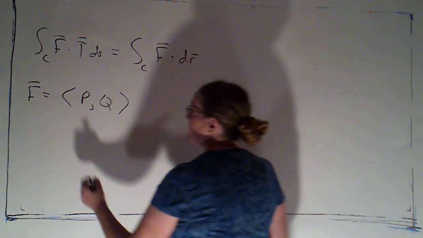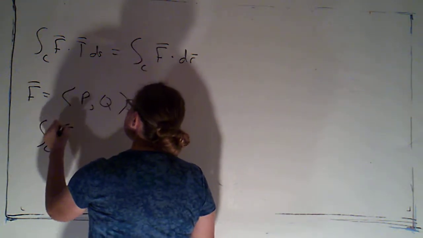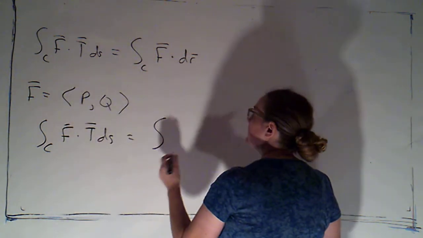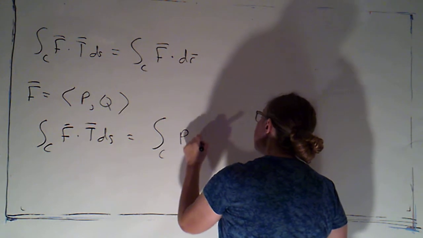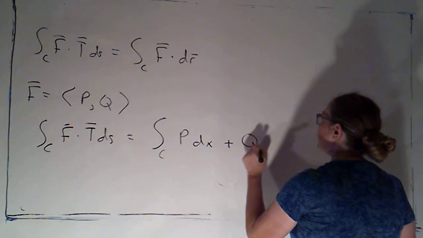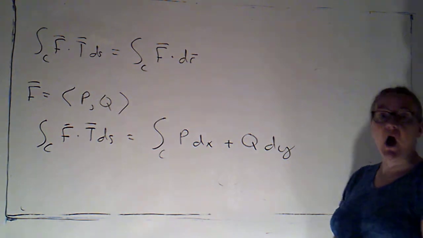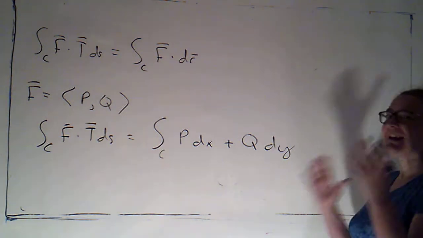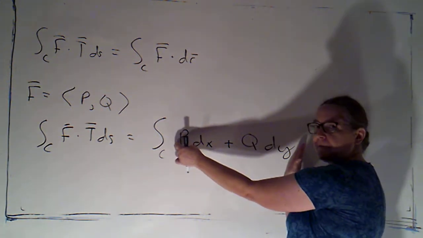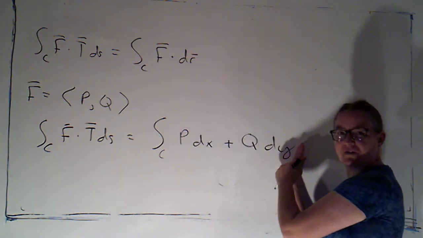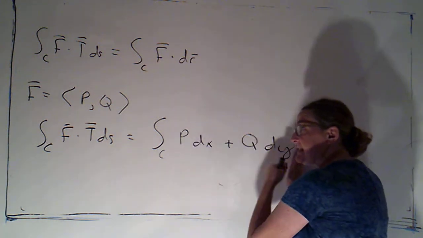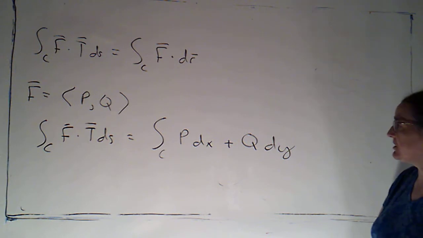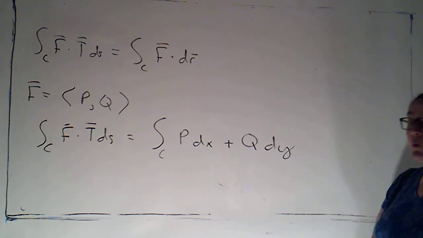But if that's the case, I could say that the integral along C of f dotted with t ds is the integral along C of p dx plus q dy. Okay. Now, in the case that f is conservative, this actually represents the total differential of the potential function. But you can see this even if f is not conservative. I'm not a huge fan of this notation, but it certainly does work.